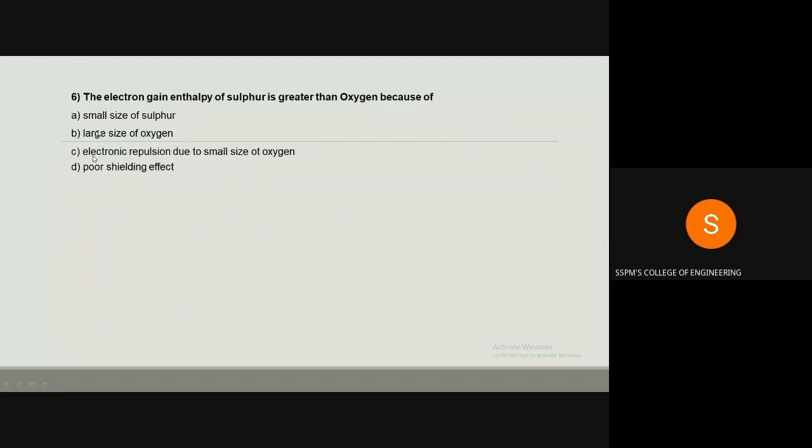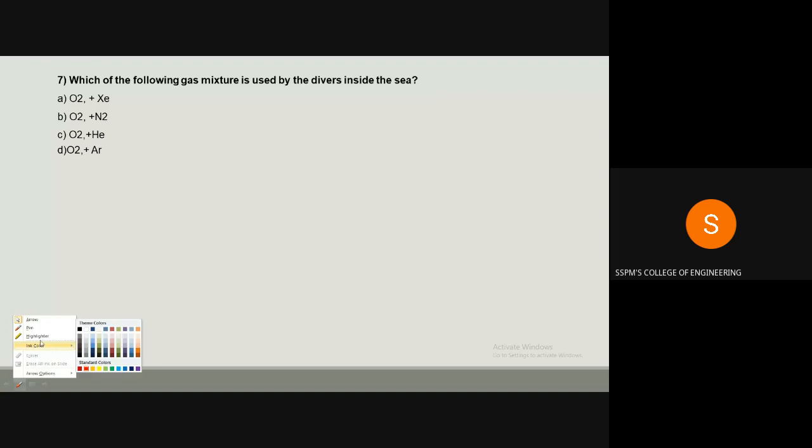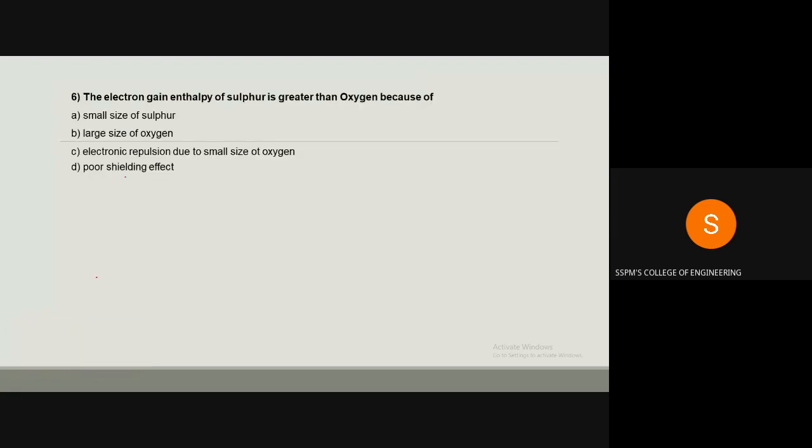This is due to the electronic repulsion due to the smaller size of oxygen. So this is the correct answer. Smaller size of sulfur: the size of sulfur is not small, so that option will not be the answer. The size of oxygen is small, but size is not the only reason for the electron gain enthalpy; it is electron repulsion due to the smaller size of oxygen. So this is the correct answer.